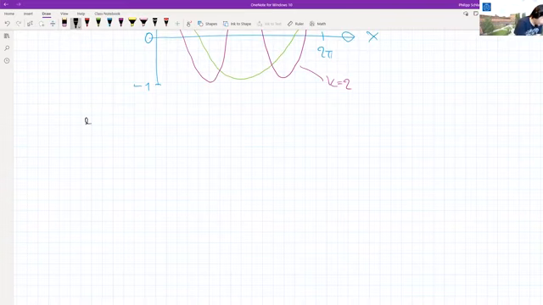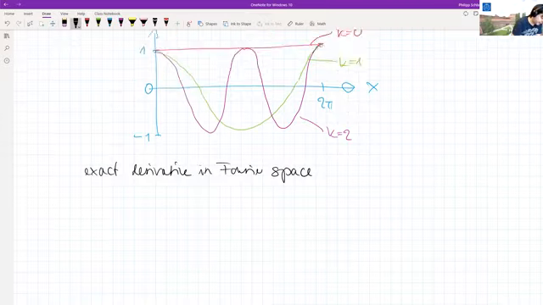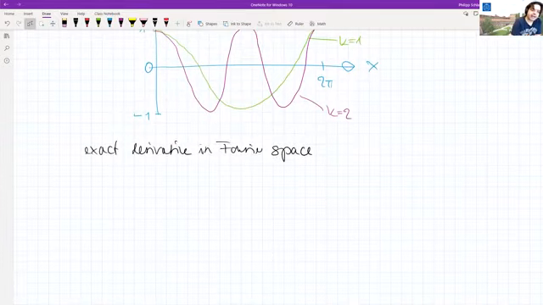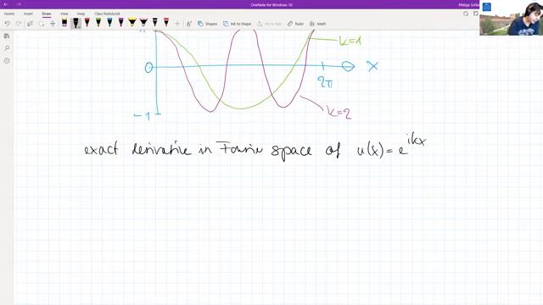So if we first start with the exact derivative in Fourier space of this Fourier mode that I had, u(x) is e to the ikx. So what is the exact derivative with respect to x?